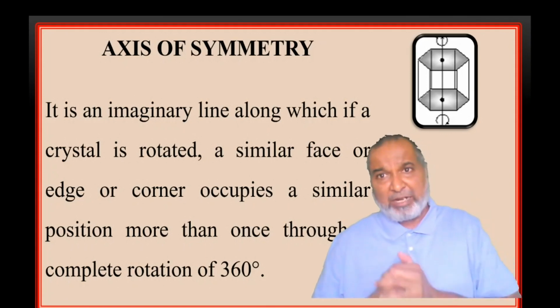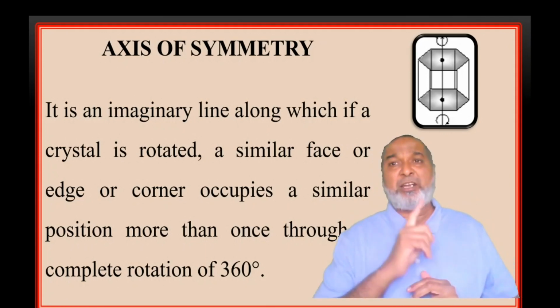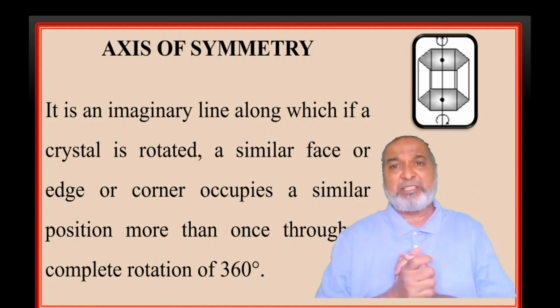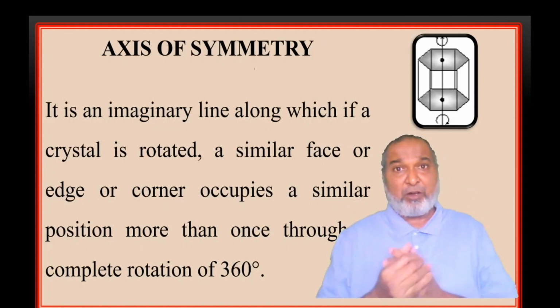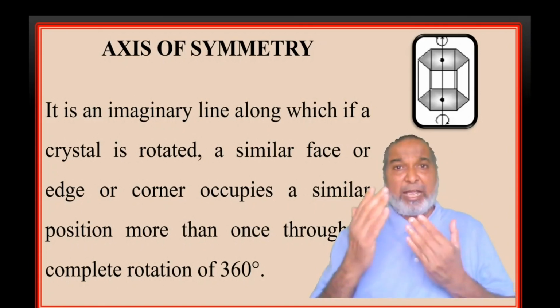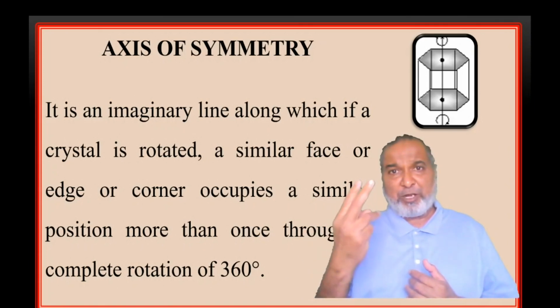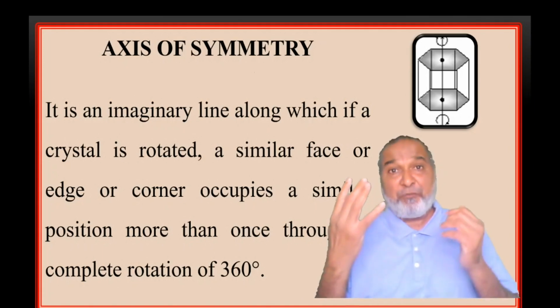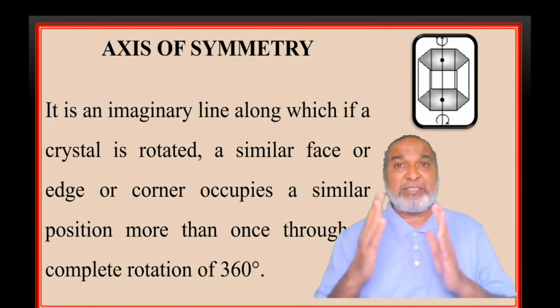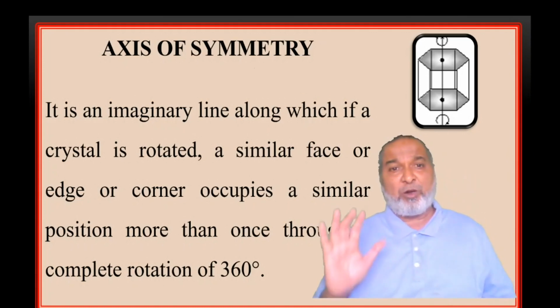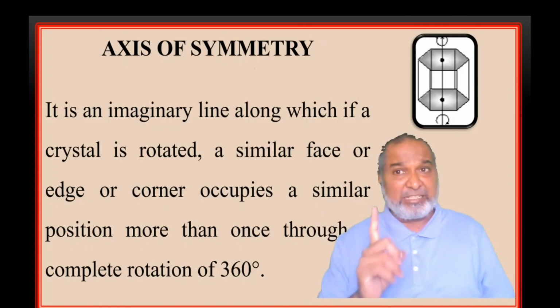Then you have to hold along that imaginary axis and rotate the model through 360 degrees. As you rotate the model through 360 degrees, you have to observe how many times the same face occupies the same position: two times, three times, four times, or six times throughout the 360 degrees.